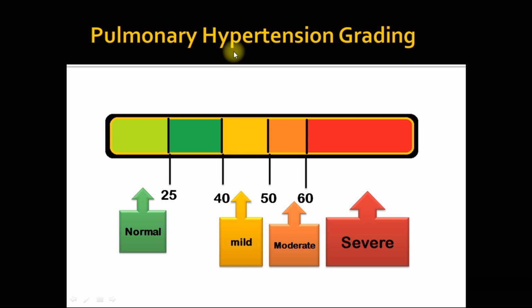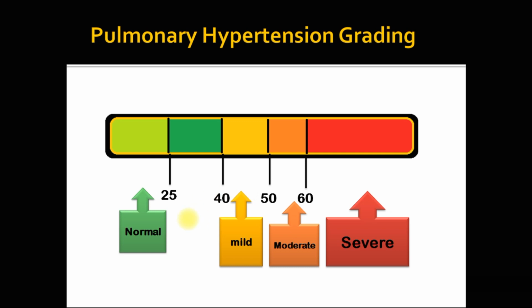Here is the grading of pulmonary hypertension. When we get a number from our modified Bernoulli equation, we have to look at it. When the number we get is below 25 millimeter mercury, the patient has no pulmonary hypertension. He has normal pulmonary artery systolic pressure. From 25 to 40 is borderline. 40 to 50 millimeter mercury, we are talking about systolic pulmonary arterial pressure.